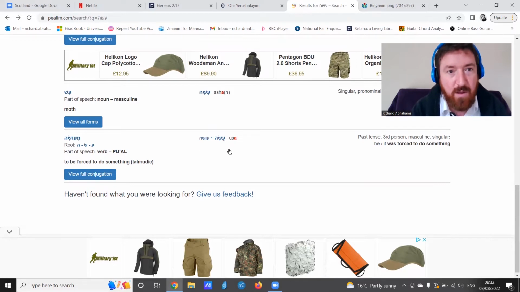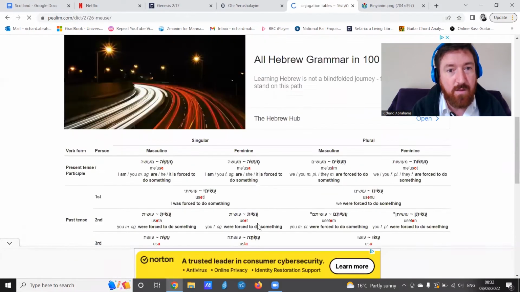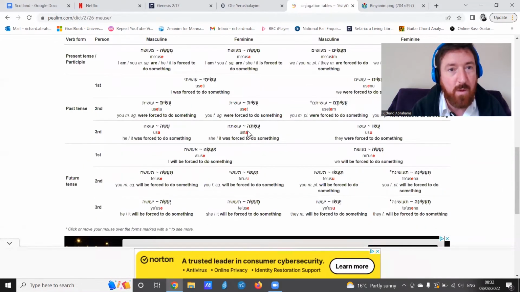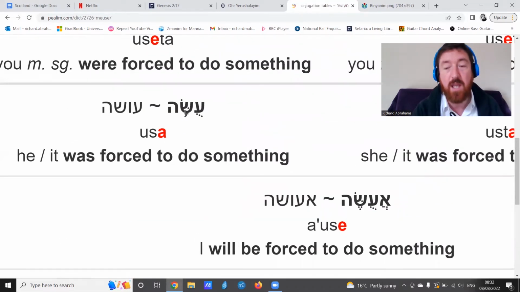So now if the pu'al is usa, let's go and have a look, right? In the full conjugation and see what is the third person masculine past tense. Well, where is it? He was forced to do something. Usa. Okay, so now what we realize is we have these different branches, right?